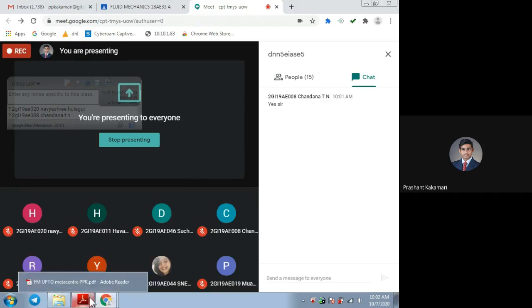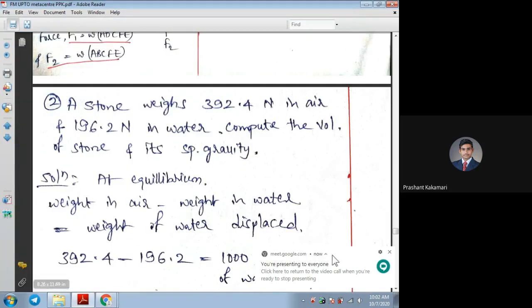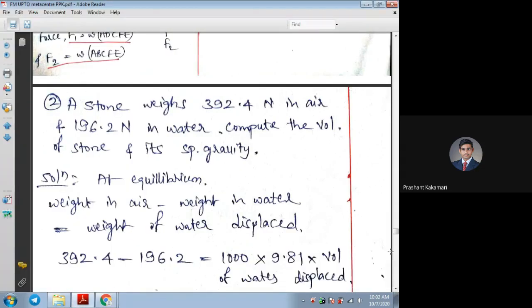Okay. So coming back to the buoyancy problems, the next problem is: a stone weighs 392.4 newtons in air. So the normal weight of the stone, weighed in the atmosphere, is 392.4 newtons. The same stone weighs 196.2 newtons in water.